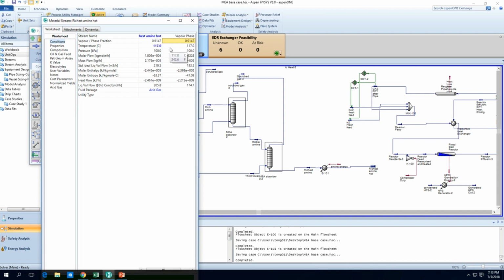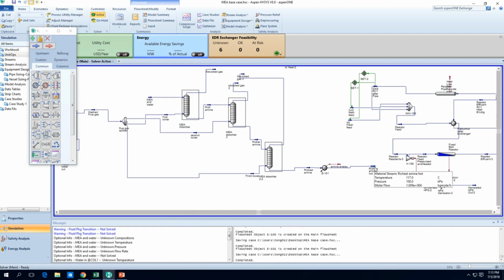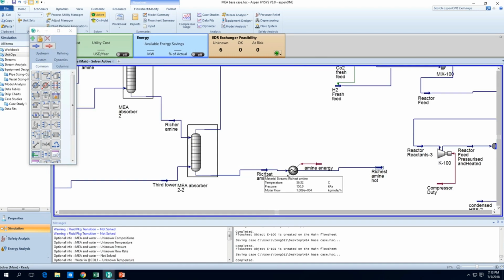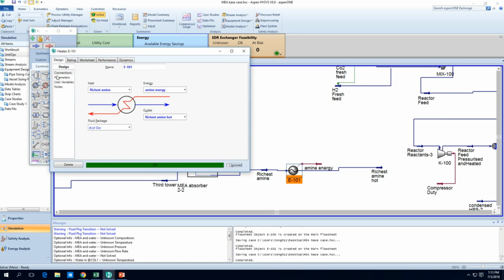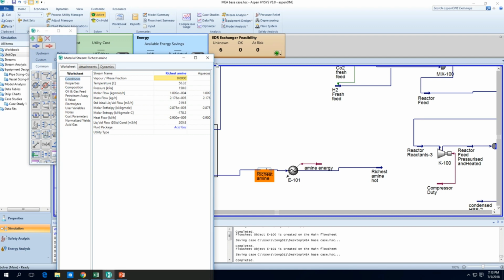Actually, most of it has been vaporized, in fact. So take a look at the composition in the vapor phase and the liquid phase. The liquid phase is mostly monoethanol amine. It's going at about 100 kilopascals. We should reduce it maybe to 35, because it doesn't make sense. So this richest amine will be fully liquid.